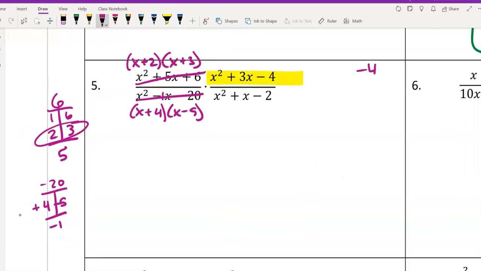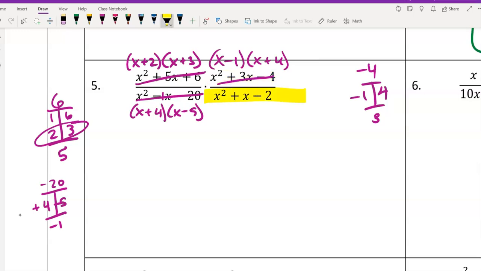We have negative 4 on top and 3 on the bottom. How can we make this add up to 3 if one of them needs to be negative? A negative 1: x minus 1, x plus 4. And again, have you done the delta math? If you haven't done the delta math, you haven't had to practice factoring.